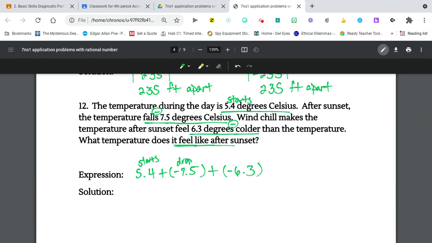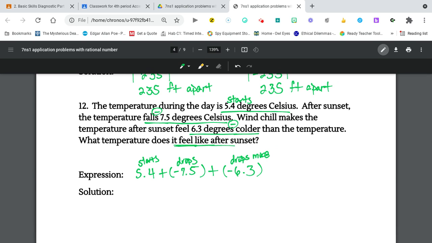Here it drops. Here it feels like it's dropped even more. Okay, it just feels like it. That's why they call it wind chill. It's what it makes it feel like. Not necessarily that it's the actual temperature, but the wind makes it feel like it's that much colder.